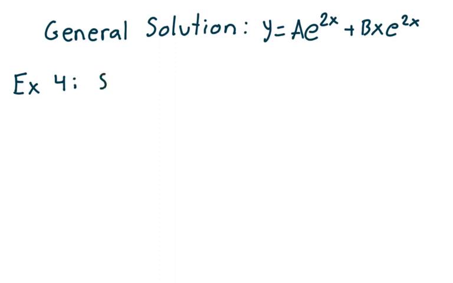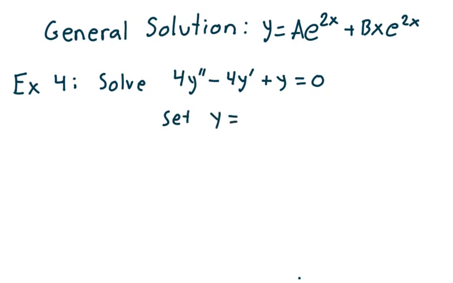In example 4, suppose I ask you to solve 4y double prime minus 4y prime plus y equals 0. Doesn't matter, the process is going to be the same. So I'm going to set y equal to e to the rx. y prime is re to the rx. y double prime is r squared e to the rx.